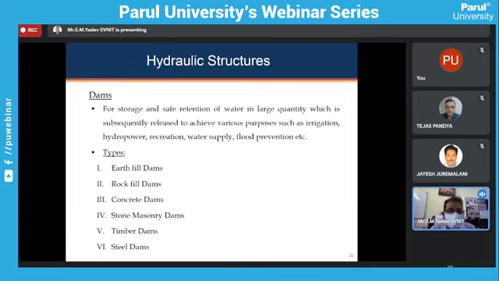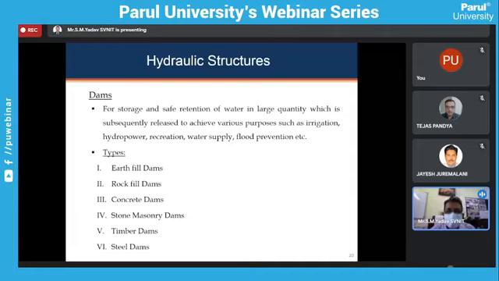Then the next area is hydraulic structures, and when we talk of hydraulic structures, the major hydraulic structure a water resources engineer comes across for design, planning, and management is that of the dams. You know that a dam may be a single purpose dam or a multiple purpose dam.